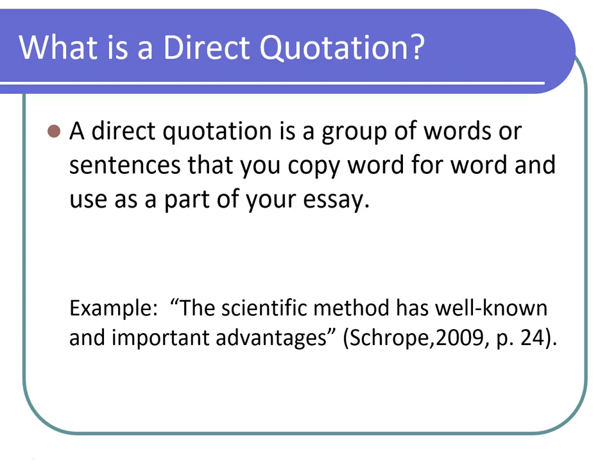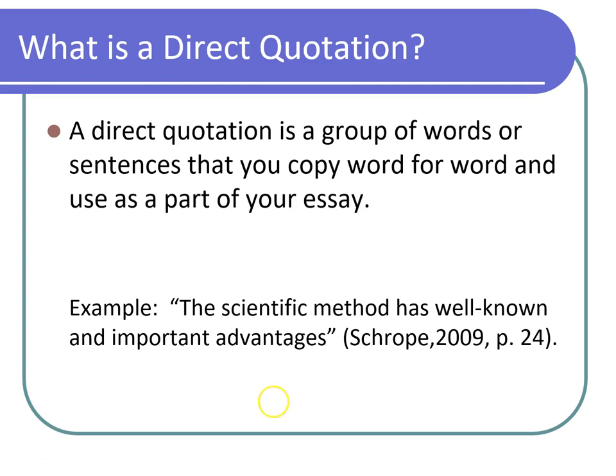Well, let's get into it a little bit deeper. What is a direct quote? Well, a direct quote is a group of words or sentences that you copy word for word and you use as part of your written assignment, your essay, your case study, your research paper.